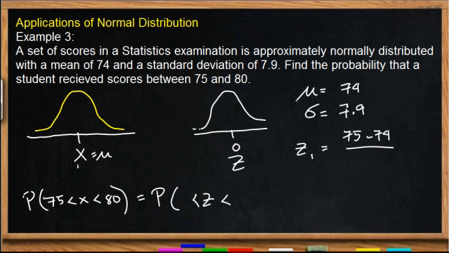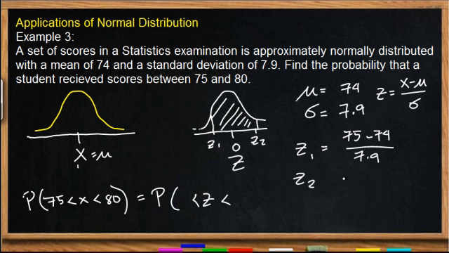The formula is z is equal to x minus mu over sigma, divided by 7.9. z2 is 80 minus 74 divided by 7.9.